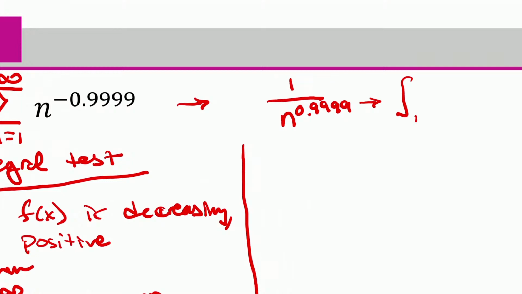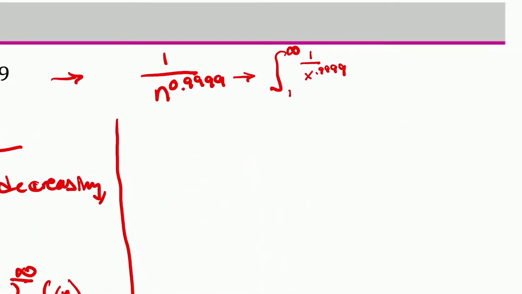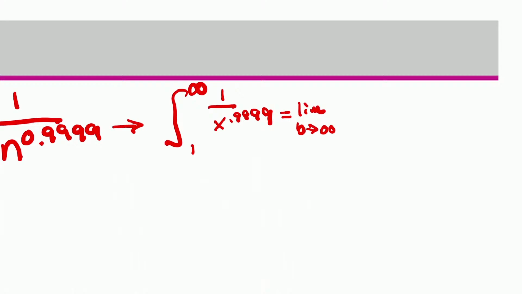The integral from 1 to infinity of 1 over x to the 0.999. Well, that's an easy integral to do. I'll write it as a limit, as b approaches infinity. It's painful, I know.